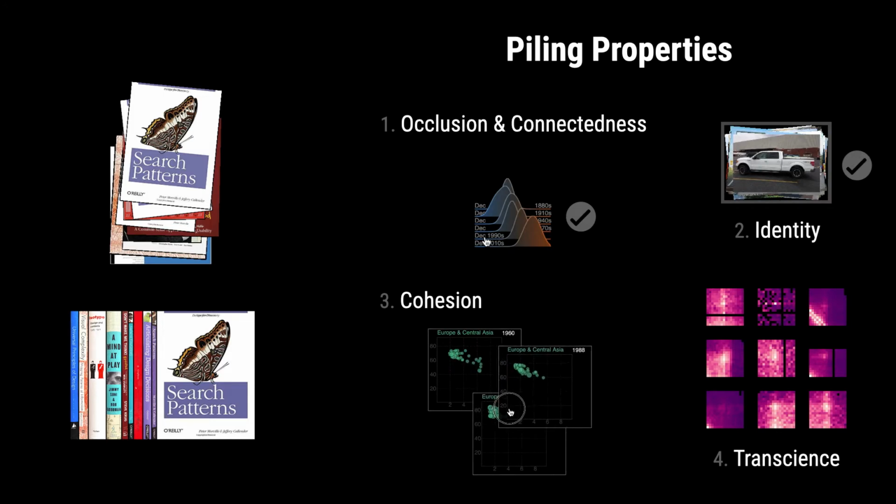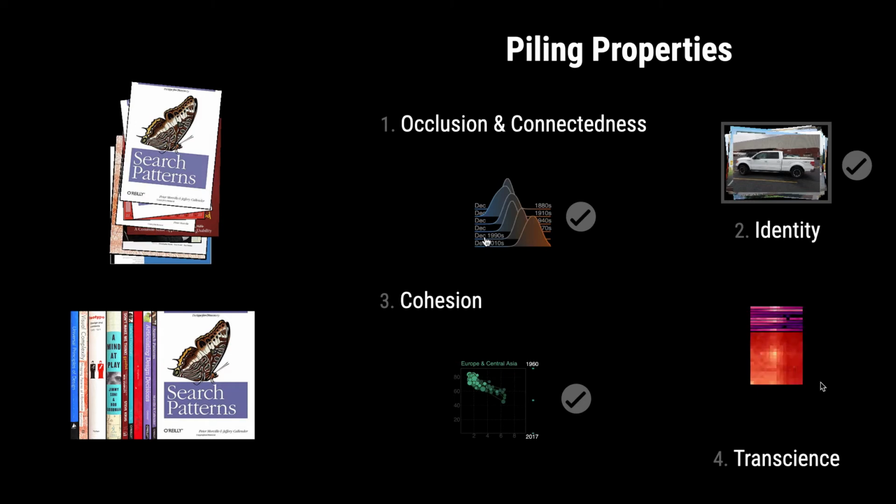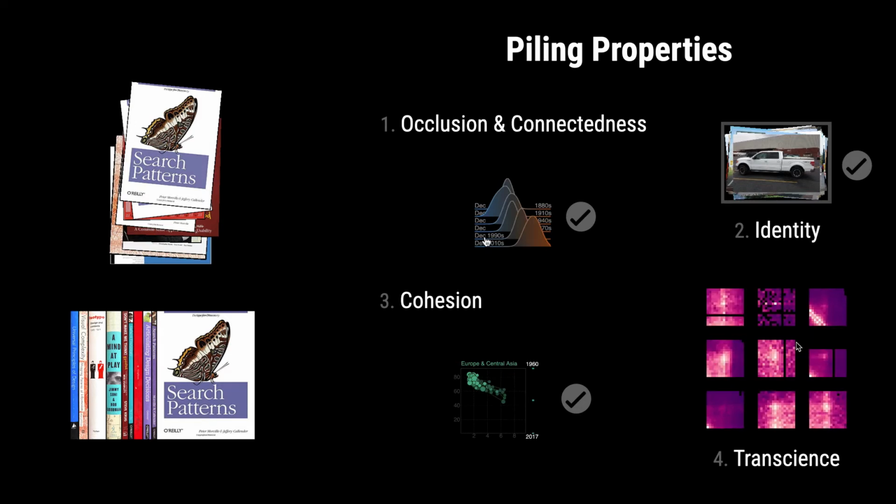Third, items on a pile should act as a single item during the exploration. And finally, piling should be seen as a dynamic process where the piling state can change frequently. In contrast to other aggregation techniques, the goal of piling is to compose and disperse piles interactively rather than to just consume a static grouping or aggregation state.